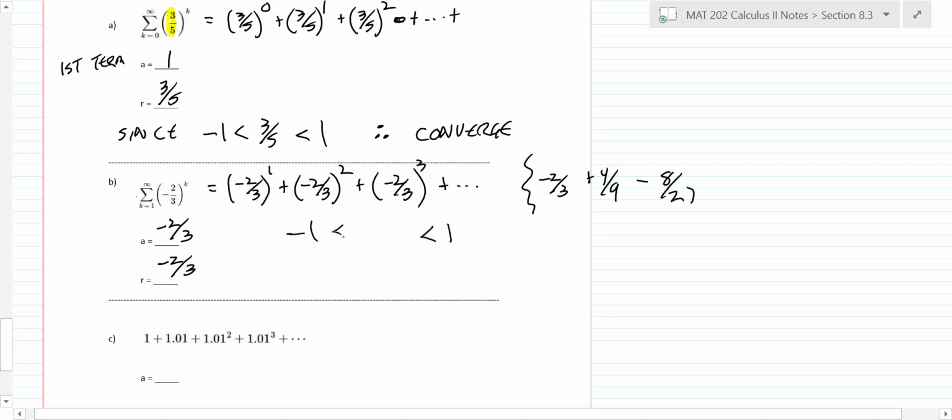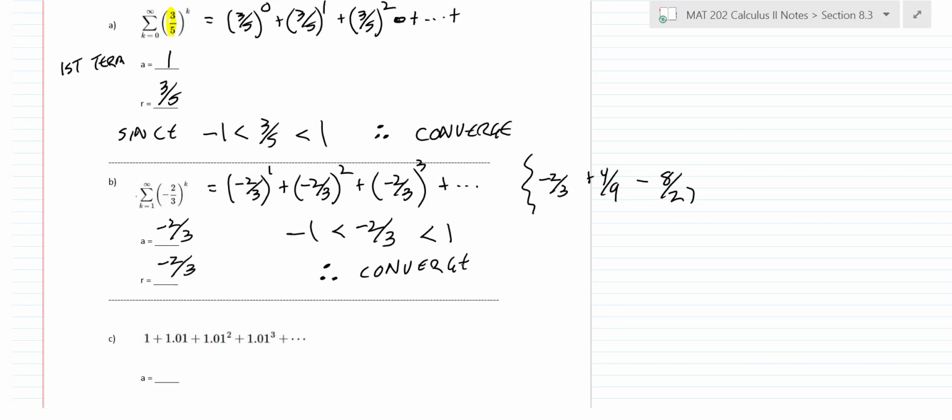That's all you care about. Is that true? Yes. You have a fractional value, and it's negative. As long as it's between -1 and 1, that one is going to converge. Okay, that's the idea. Again, we're not quite to the point where we're figuring out what the value of that convergence is.